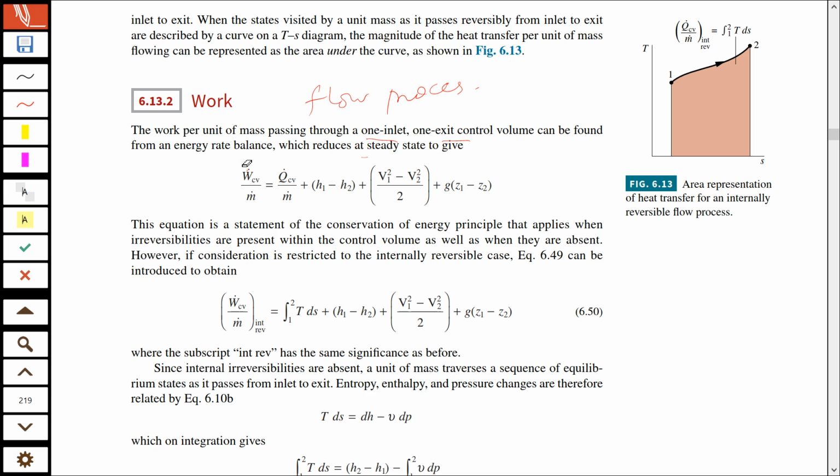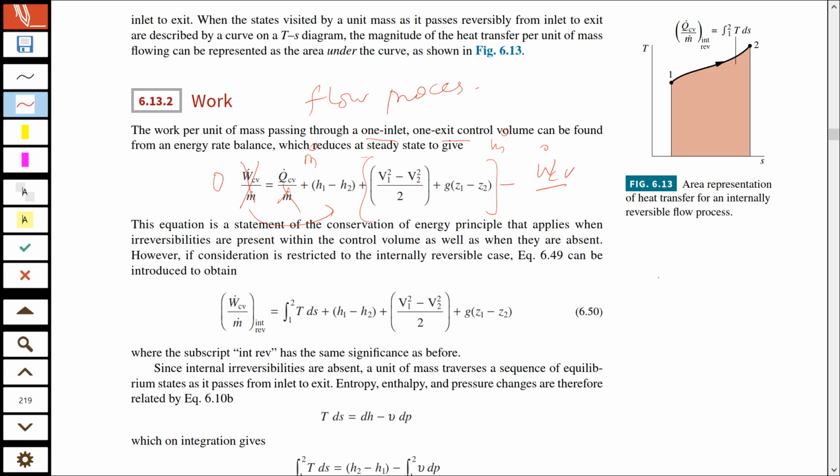If this looks confusing to you, let me just write 0 here and take this to the other side. So there it will be minus w dot cv over m dot. Now I multiply everything by m dot, so this will disappear, and you will have m dot here, and you will have m dot here.